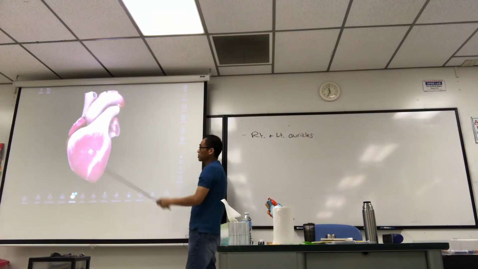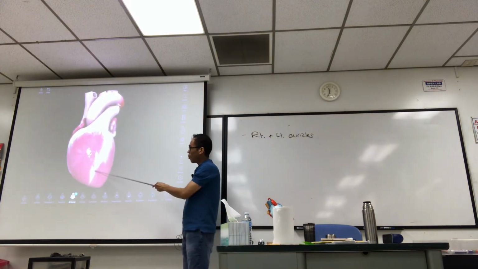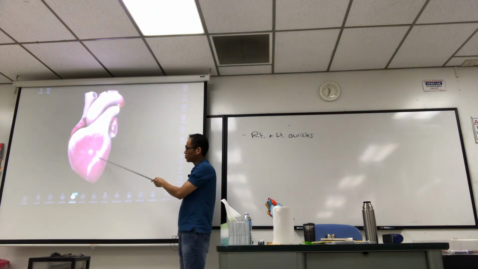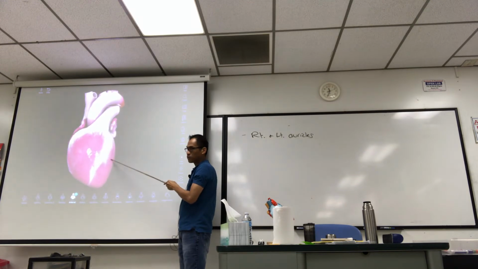You can tell the 2 ventricles apart by looking for one landmark. This whitish line here is the anterior interventricular sulcus. That's the division between right ventricle and left ventricle.